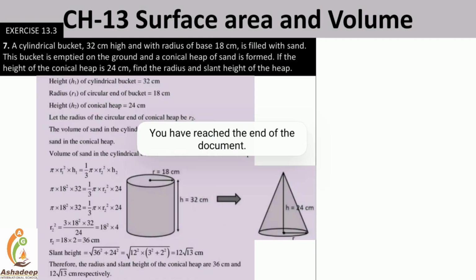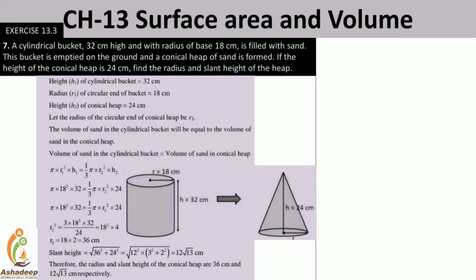Seventh sum and the last sum for today. A cylindrical bucket, 32 centimeter height, and the radius is directly given, so we don't need to convert it into any other form.